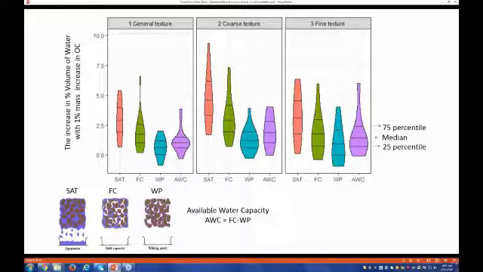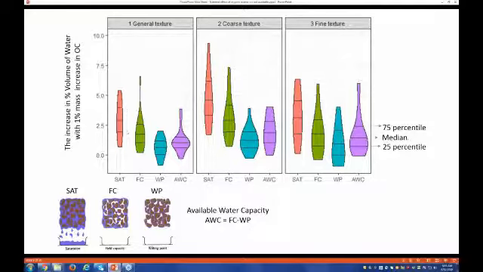The three lines here: the middle one is the median or average value found in the literature, the lower line is the 25th percentile, meaning the lower 25% of the distribution of the data is below that limit, and the upper line is the 75th percentile.